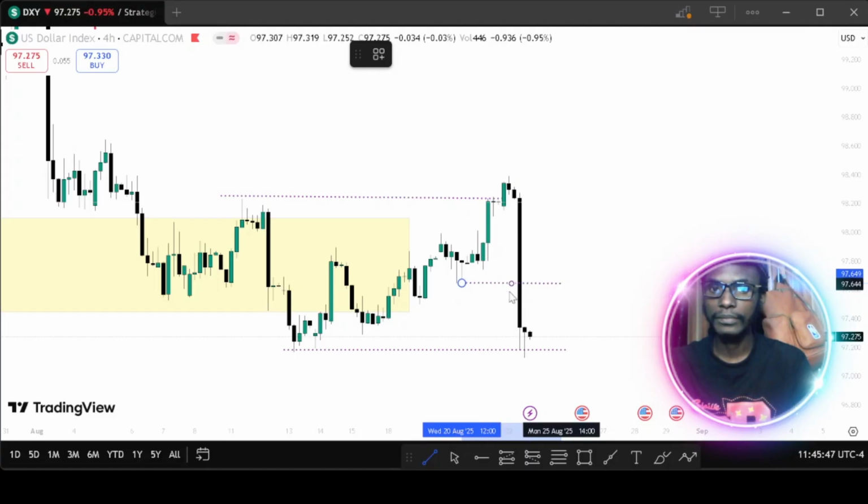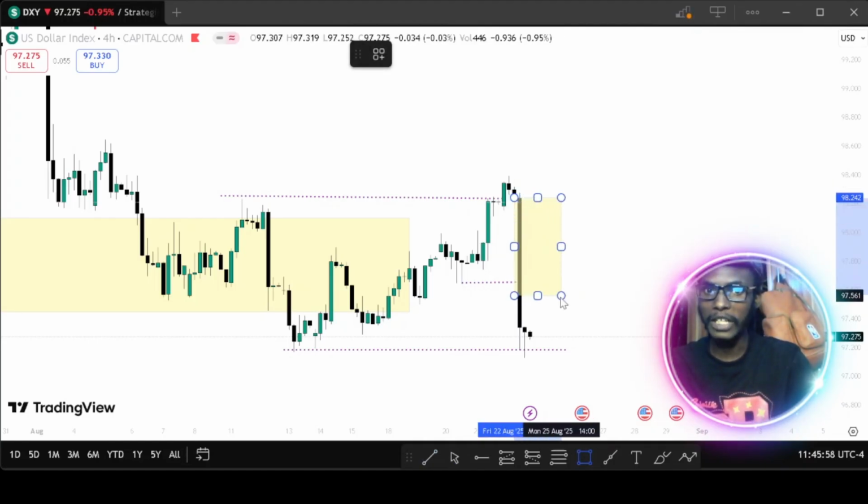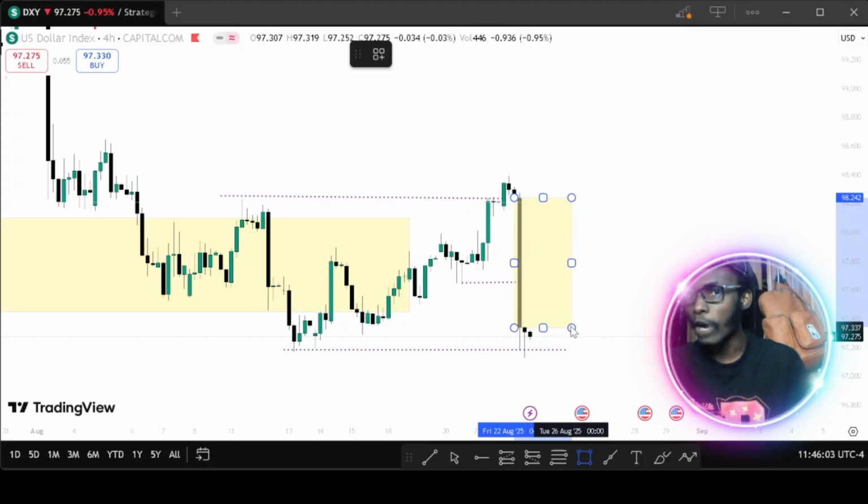You can see this right here, right? Leaving behind a 4 hours bearish fair value gap. Remember, price failed the bullish fair value gap from the daily time frame and gave us a 4 hours bearish fair value gap.